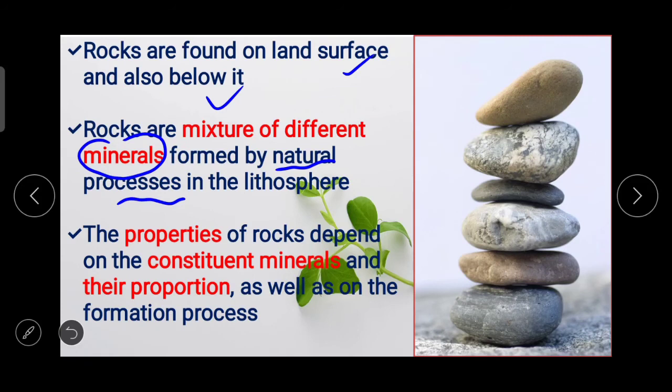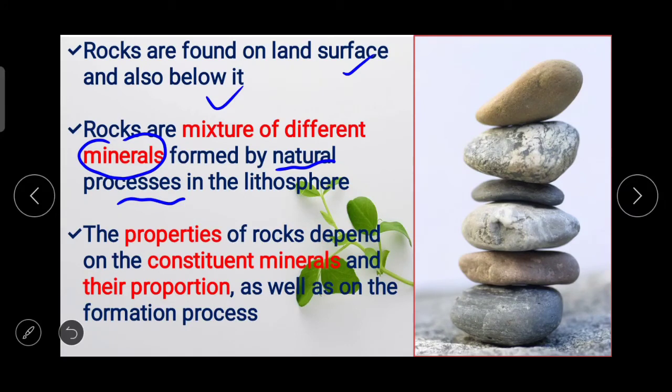The properties of rocks depend on the constituent minerals. Constituent minerals means जिससे वो रॉक बना है उस पर डिपेंड करता है कि उसके कैरेक्टरिस्टिक या प्रॉपर्टीज क्या होंगे.